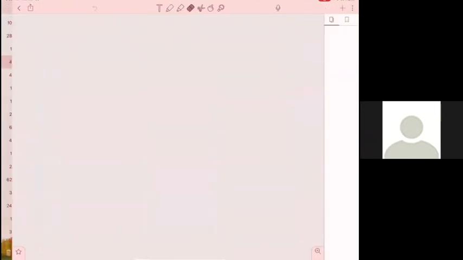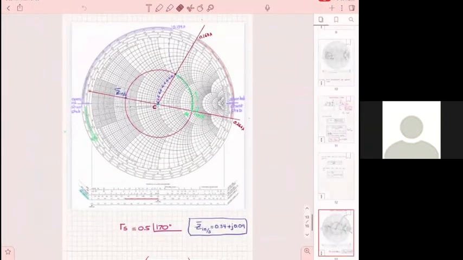To simplify things, you will always remove the source, and you will go from where you are towards the center of the Smith chart.